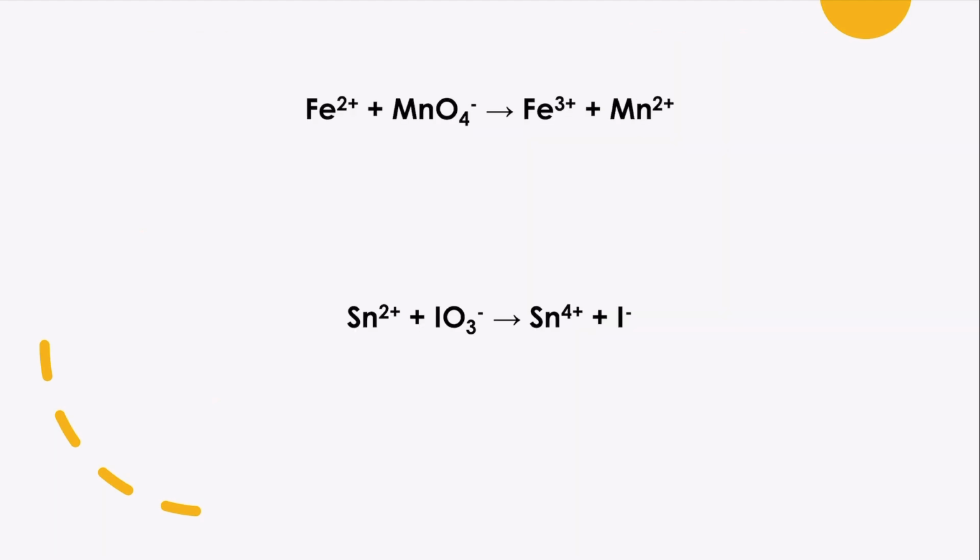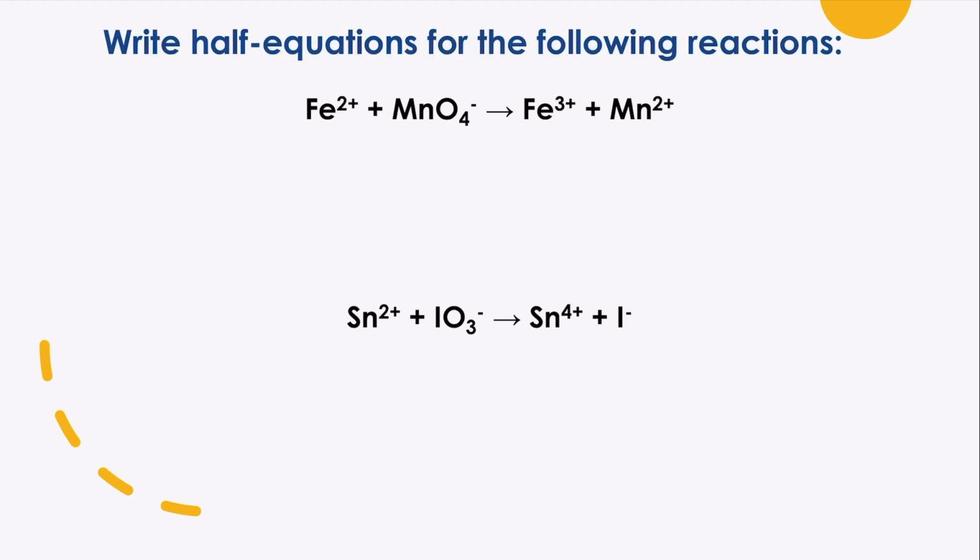Let's check an example here. Fe2+ plus MnO4-, asking you to write half equations for the following reactions. What you should do here, you have to check the reactants and check also the products. What has happened to Fe? So we have Fe2+, it became Fe3+.